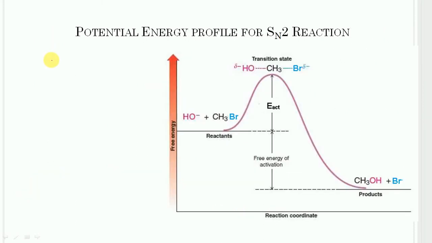Next is the potential energy profile for SN2 reaction. The energy diagram shows that there is only one transition state and no intermediate formed between reactant and the product. The reactants are shown to be slightly higher in energy than the product, since the reaction is exothermic in nature.